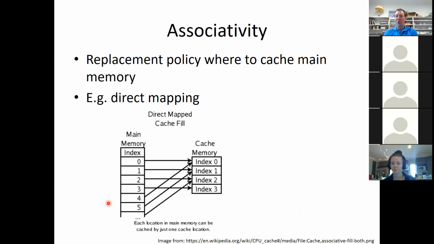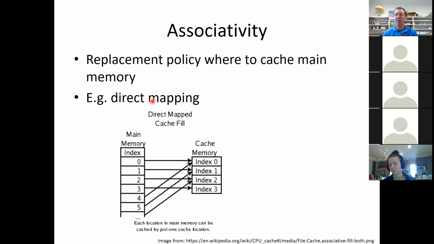Now, besides the replacement policy in cache memory, there is also a policy for how you map the cache memory to the main memory. This is called associative memory, how you associate your cache to the memory.